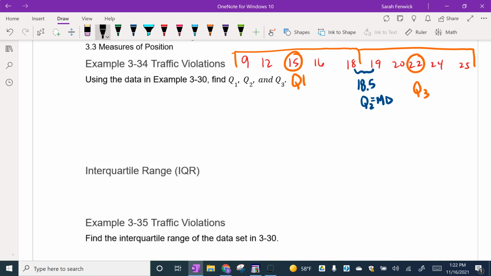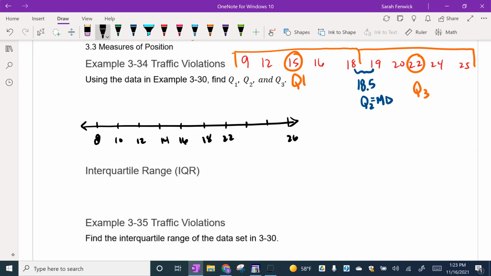If I were to actually draw my number line, let's start with 8, 10, 12, 14, 16, 18, 20, 22, 24, 26. Sorry, guys.